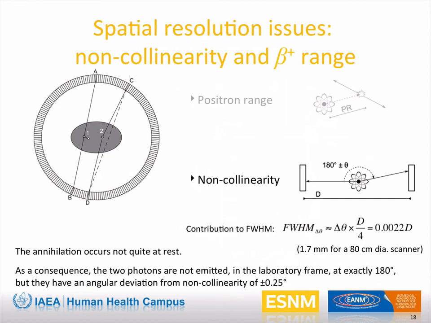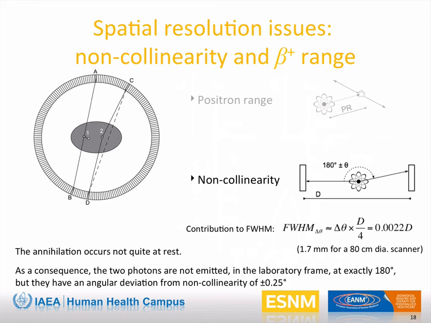The contribution of the non-collinearity to the full width at half max of the PET image can be expressed by the angular deviation delta theta multiplied by the scanner diameter d divided by 4. This is usually expressed as 0.0022 times the diameter of the scanner.